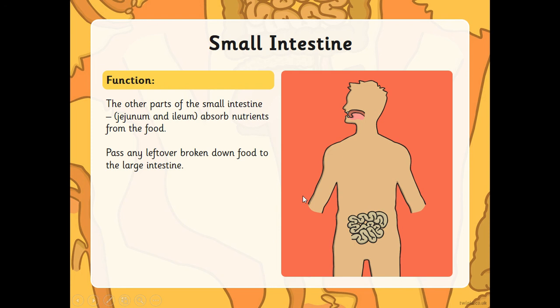And then we've got the small intestine, so it's gone from the stomach through the duodenum into the small intestines, and you've got the jejunum and the ileum, and they absorb the nutrients from the food, so that good stuff that your body needs. And then from there, after it's taken all the good stuff out, it passes any leftover broken down food to the large intestine.